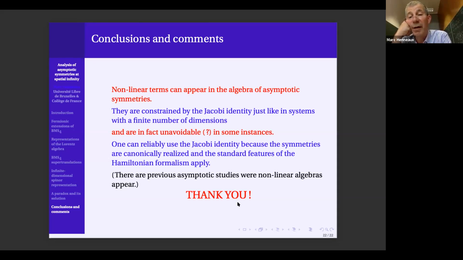And then we can apply standard Hamiltonian techniques, so there is no flux. And for that reason, I think that we have difficulties. I mean, it's more complicated.